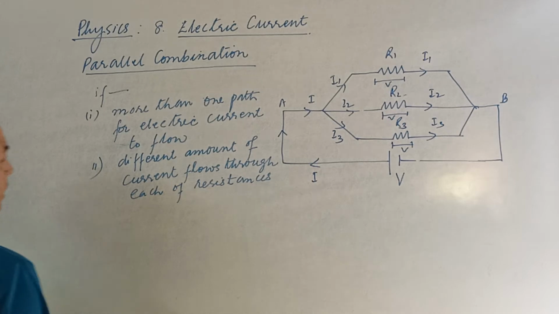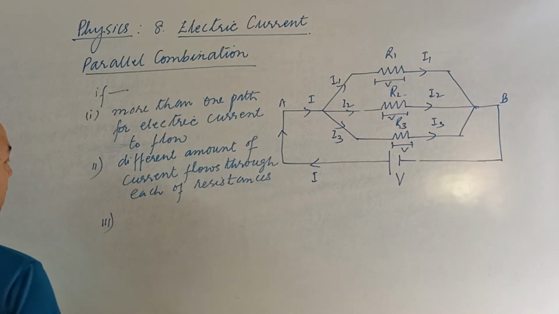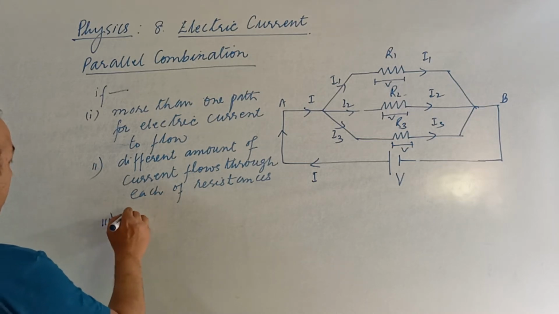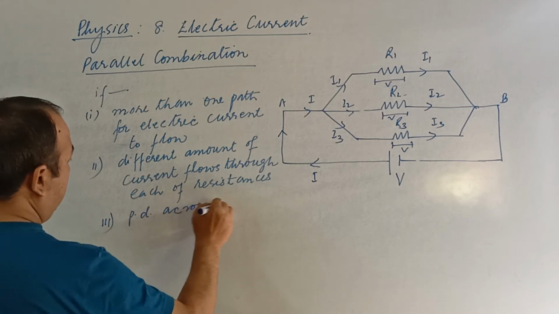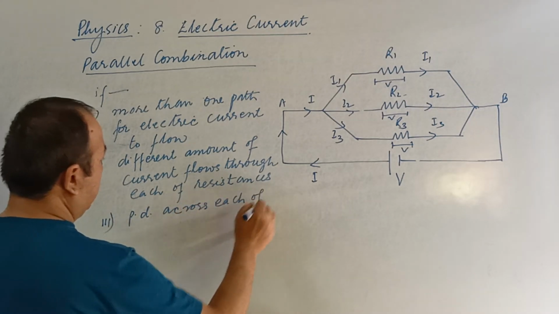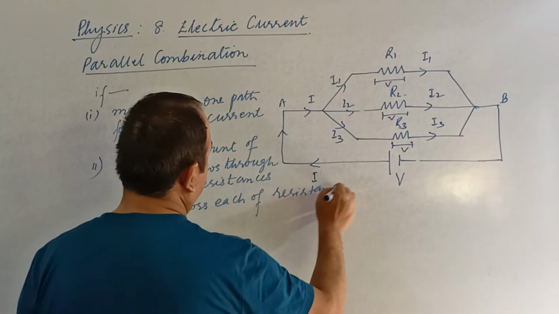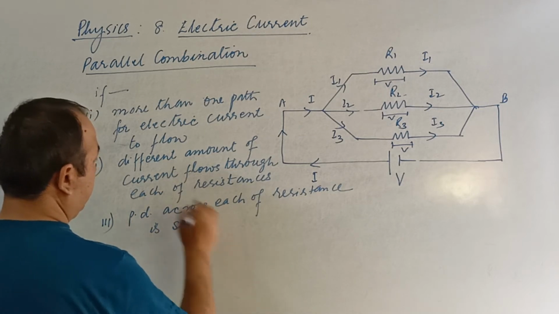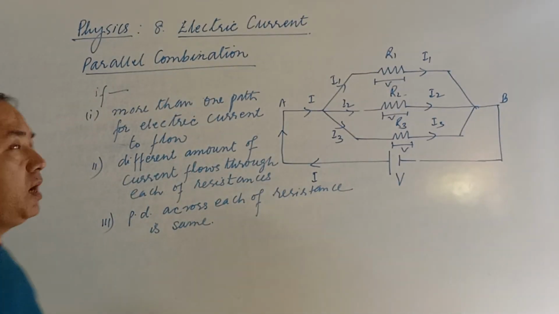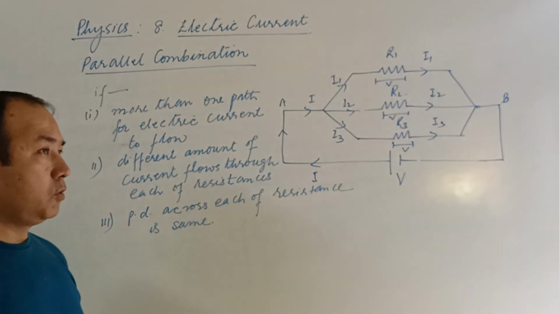And the third one is the potential difference across each of the resistances is the same. So these three conditions should be satisfied by the combination of resistances to call them connected in parallel combination.